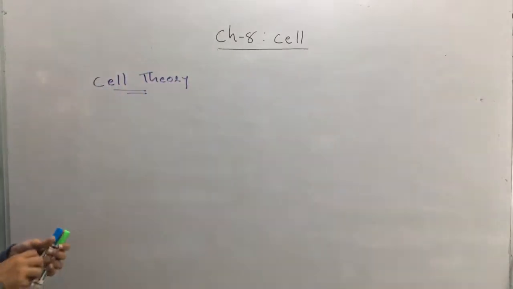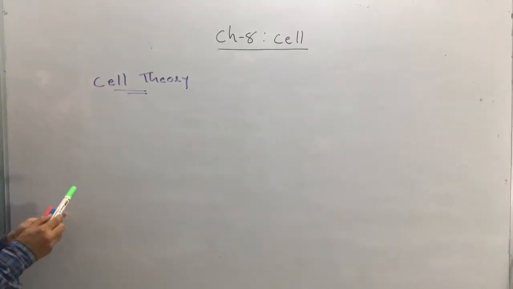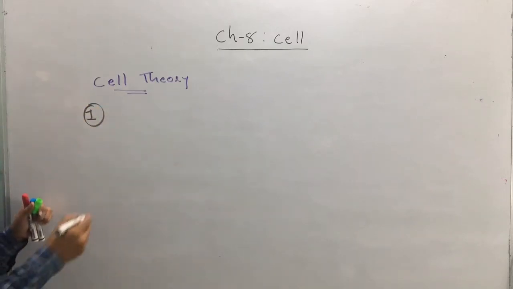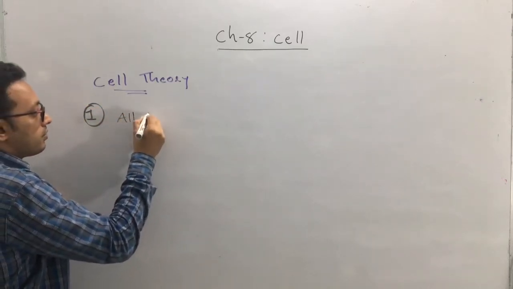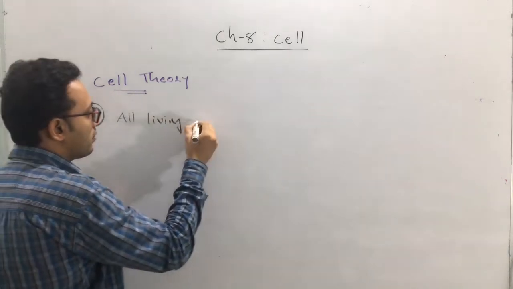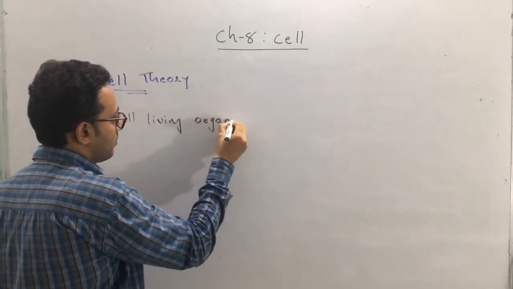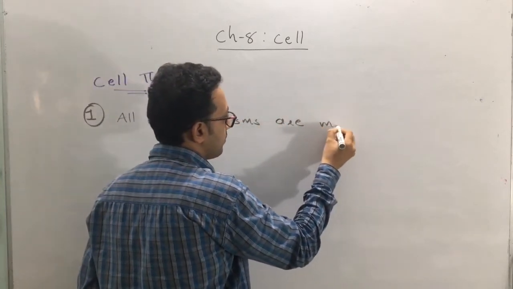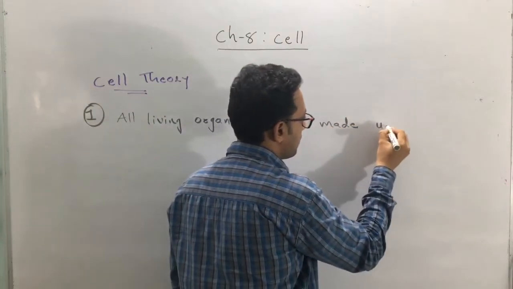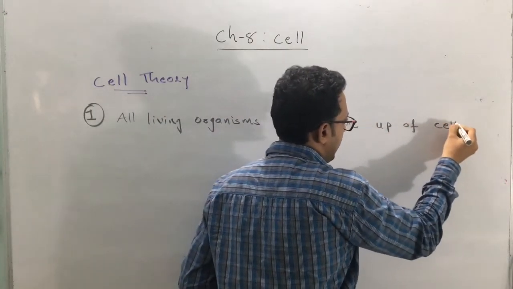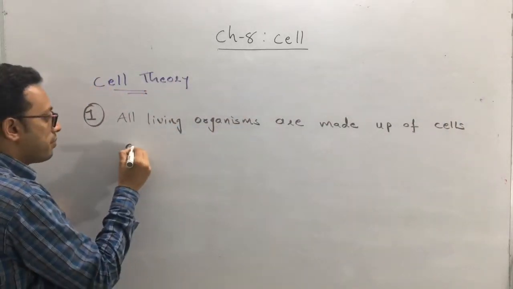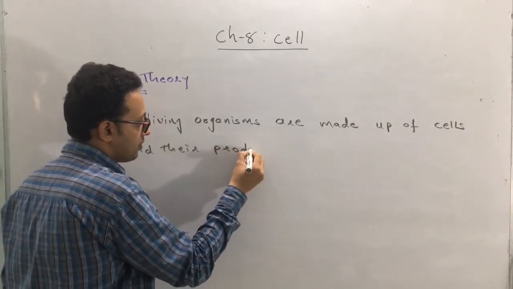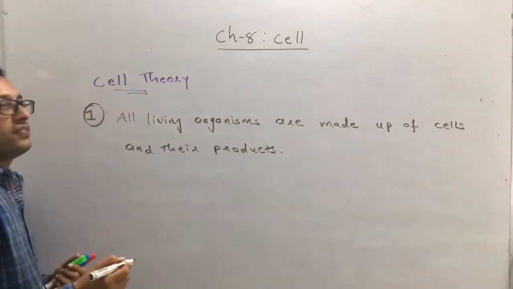The first point under cell theory is that all living organisms are made up of cells and their products. Okay, this is the first contribution.